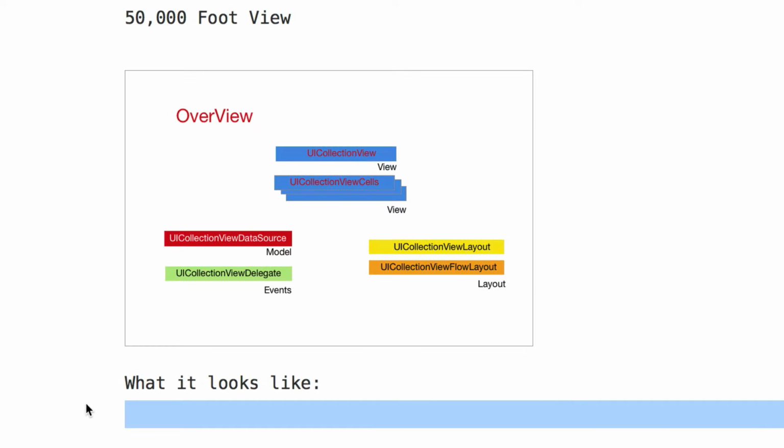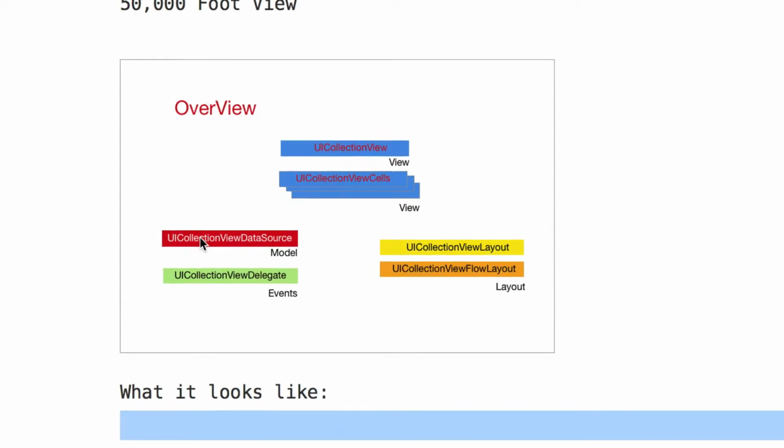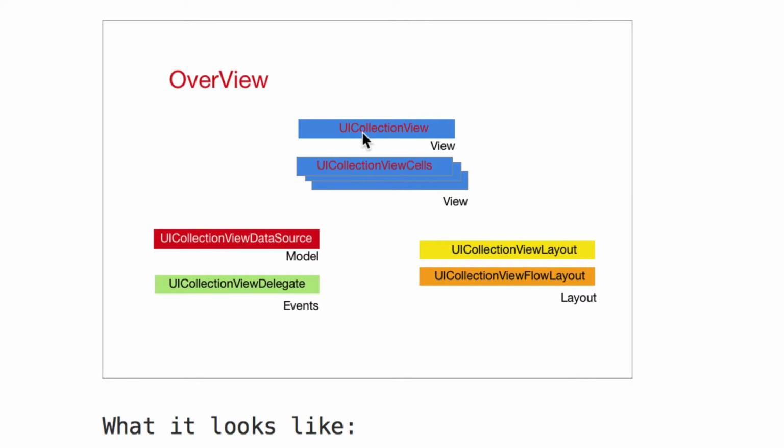I'm just going to go over some of the components of a collection view. It's very similar to a table view. You have the UICollectionViewController instead of a table view controller, and a UICollectionView instead of a UITableView. That's a view object, and just as you can have a UITableViewController, you can also have a UICollectionViewController. Same idea.